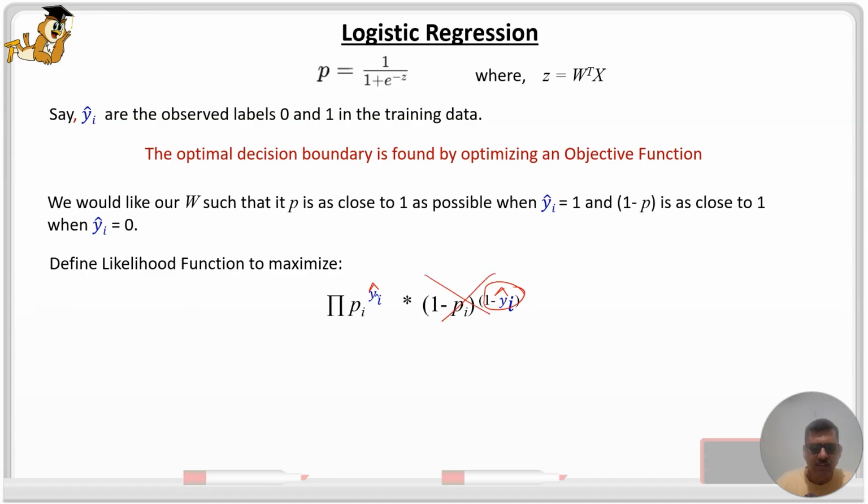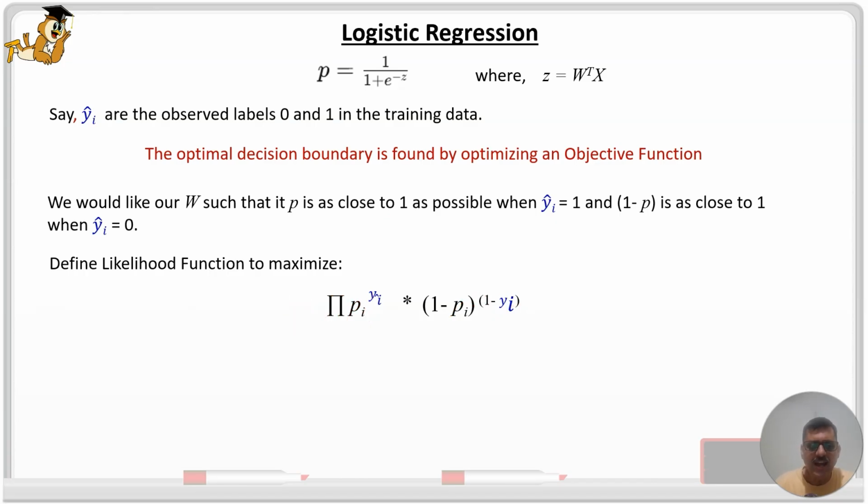And when this is 1, you are effectively maximizing the product of all those P of I's. We said that we want the P to be as close to 1 as possible, and when you are maximizing the product of all such P of I's, you are effectively saying that you would like all of those to be as close to 1 as possible, right? So this makes sense when Y hat of I equals 1.